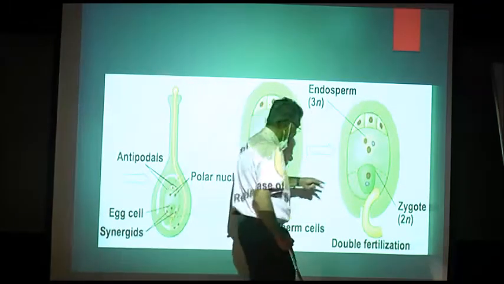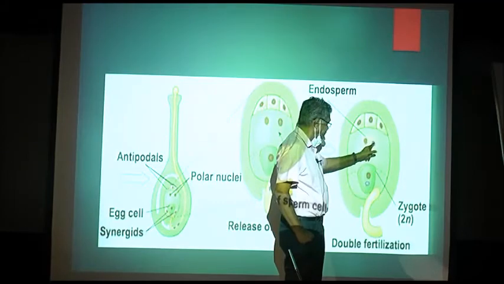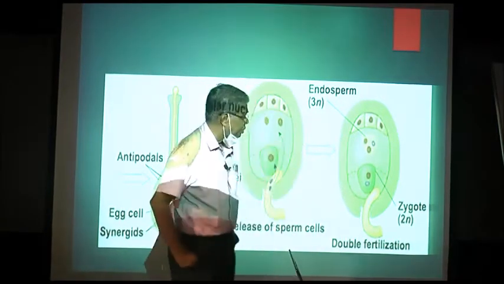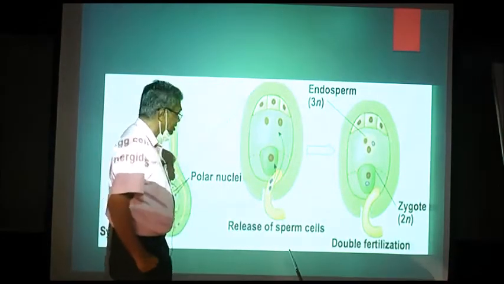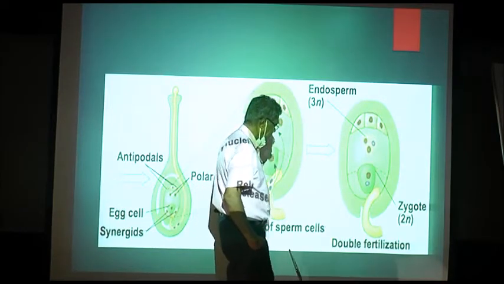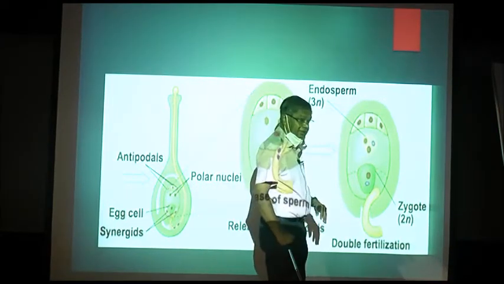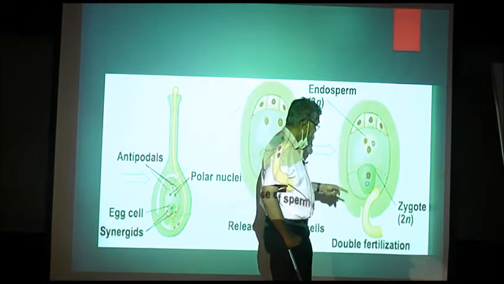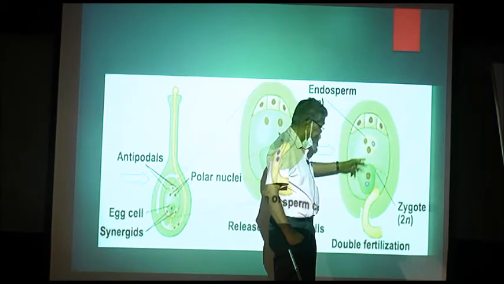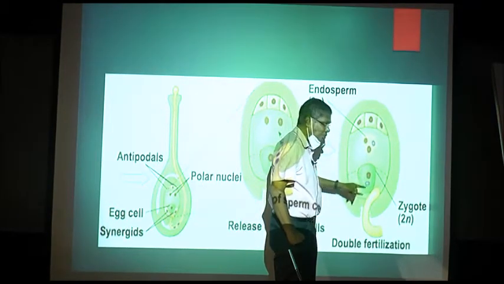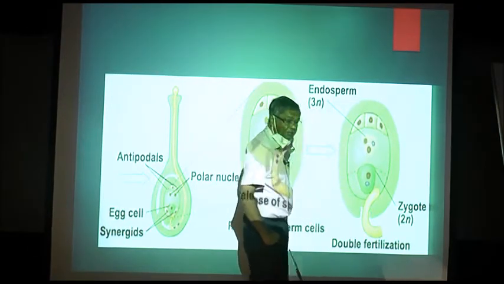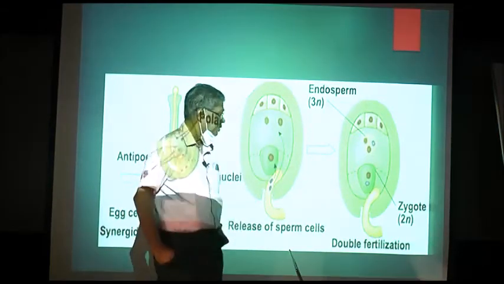So, this is fertilization, and the fusion of these 3 is called triple fusion. So, normally you get a short note on fertilization and triple fusion. Now, it is double fertilization and triple fusion. What is double fertilization? One fusion here and one fusion here, that is double fertilization. And the fusion of these 2 gives rise to the zygote, and the fusion of these 3 gives rise to the endosperm, which is triploid.